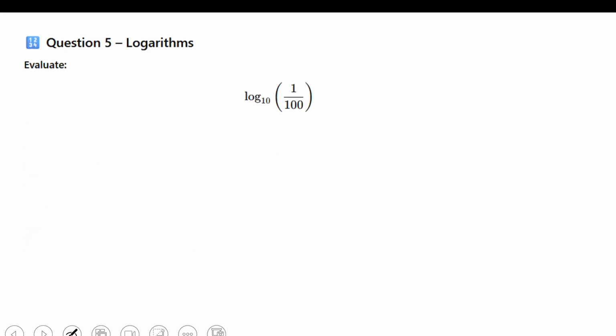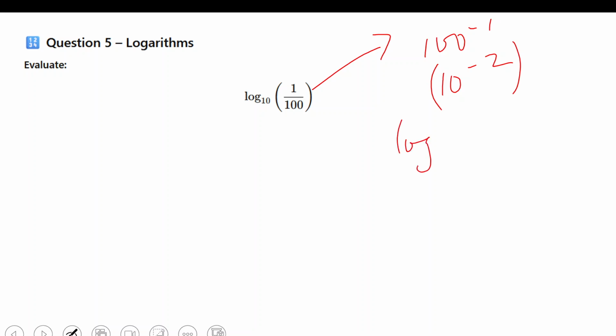Okay, logarithm. So I have log of 1 over 100, to base 10. You know that 1 over 100 can be expressed in exponent form as 10 raised to the power minus 2. So I can say log of 10 to the power minus 2 to base 10.